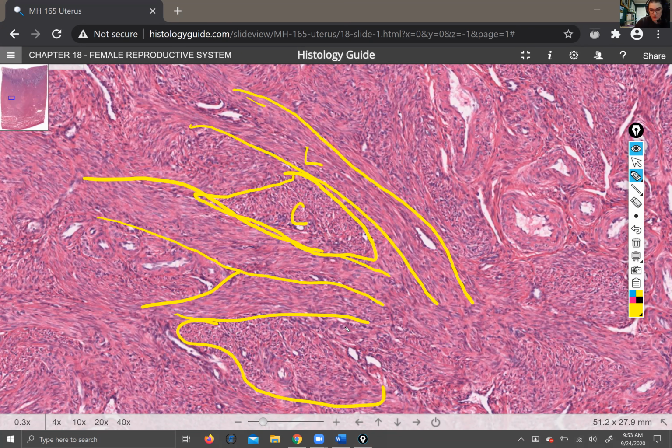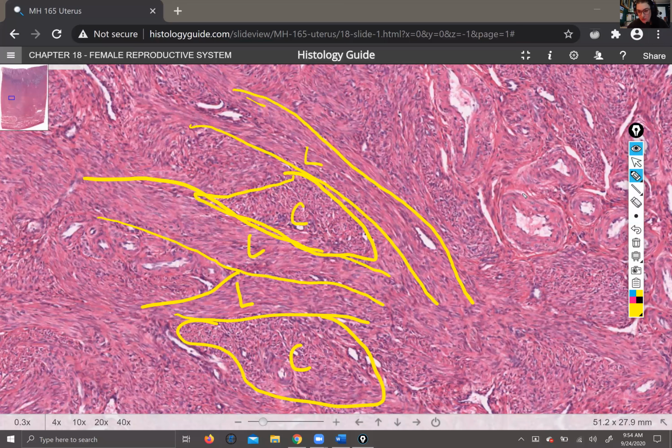Here's more cross-sectional. So with regard to the fiber direction of the smooth muscle of the myometrium, sort of mentally imagine a ball of yarn where you have this ball of yarn, but within the ball, there are many different fibers running in many different directions. Same idea.